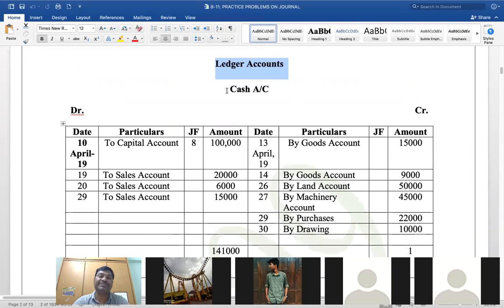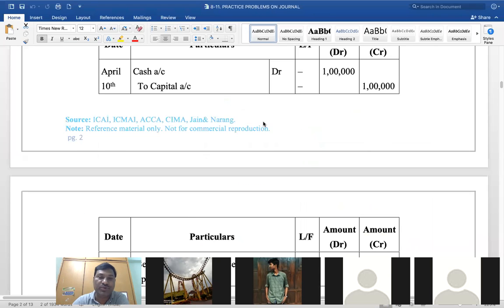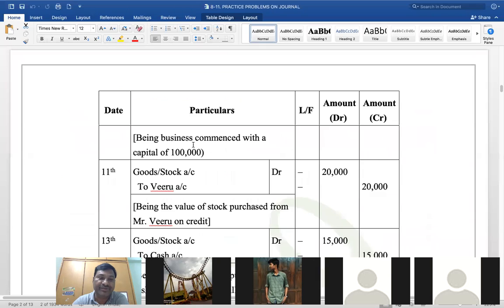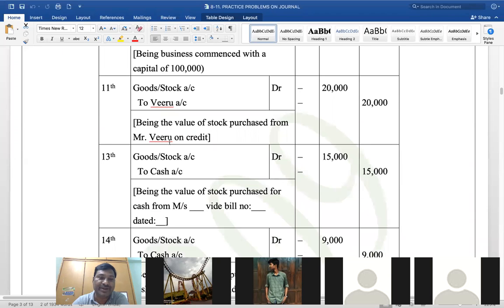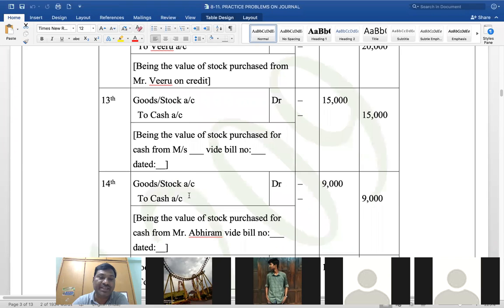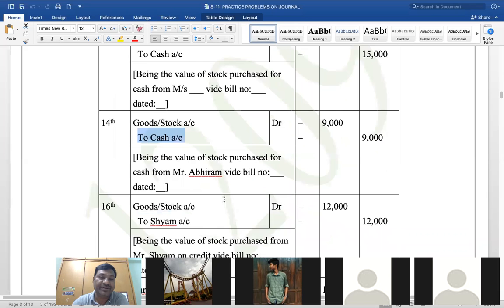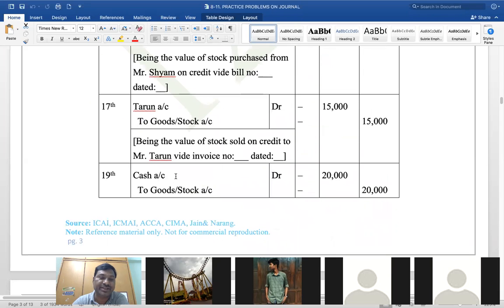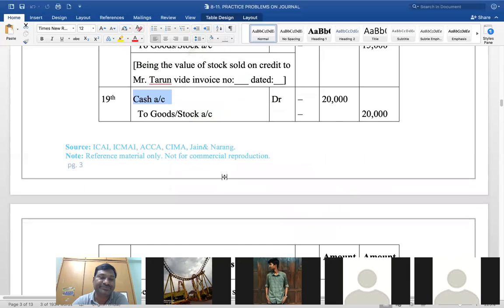Now the first item in that classification is cash account. What we do is we scan through the journal for the item cash. Look at this, on 10th April, on 13th April, on 14th April. There's no cash here, there's no cash here, yeah, there's a cash on 19th April.